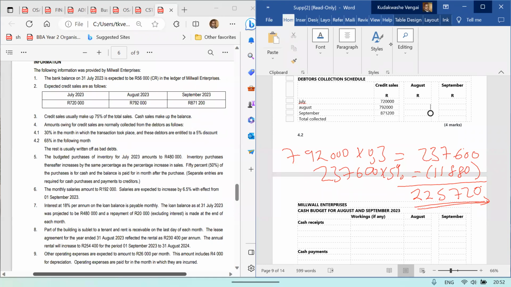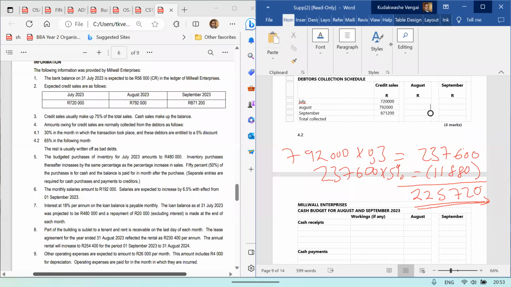Our cash sales are currently not relevant for this question, because when you're doing a data collection schedule, you are only looking at credit sales. Point number 2 says our expected credit sales were as follows, which means we are already given the credit sales, so we do not have to worry about point number 3. But when we do question 4.2, which is the cash budget, we are going to need the cash sales. I will show you how to calculate them when we get to that question. Understood? Noted. Thank you. All right, sharp.